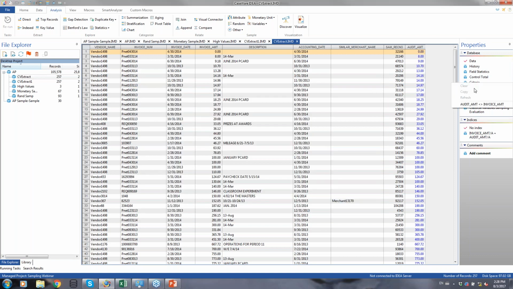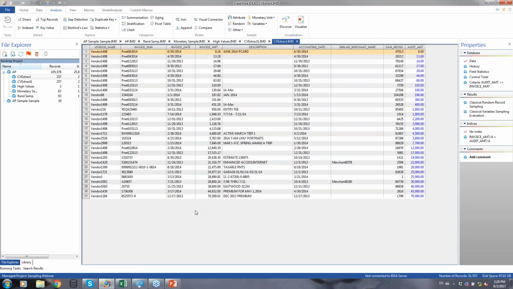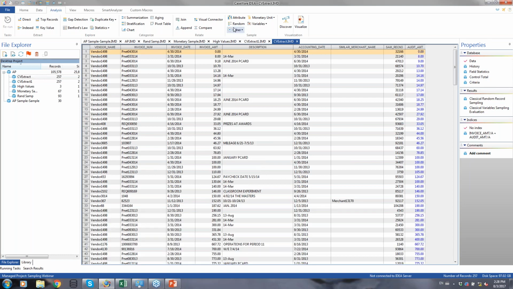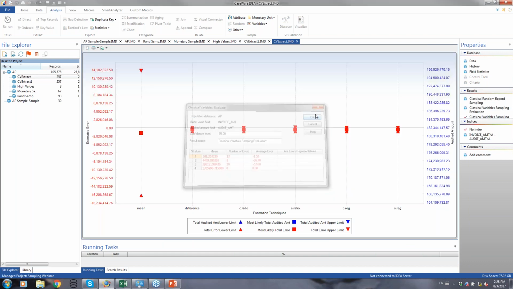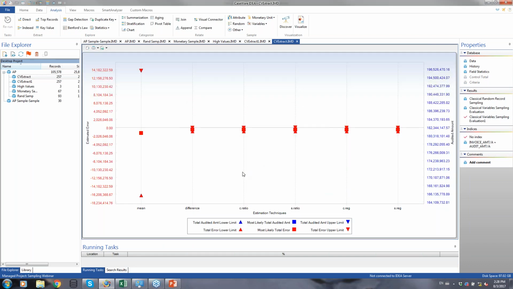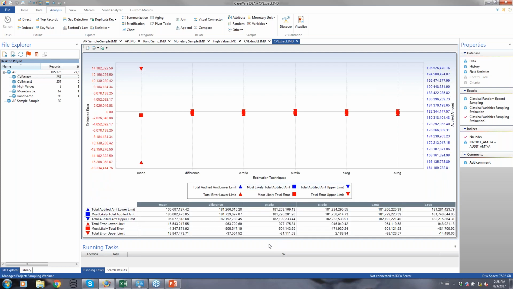I'm going to show you that I've already pre-selected 31 error items, and once we've done that, we can evaluate the sample, and it'll give us these items. And now we can see here finally that when we conclude that the error is overstated and needs to be adjusted down, the population amount truly now no longer crosses the x-axis, right?